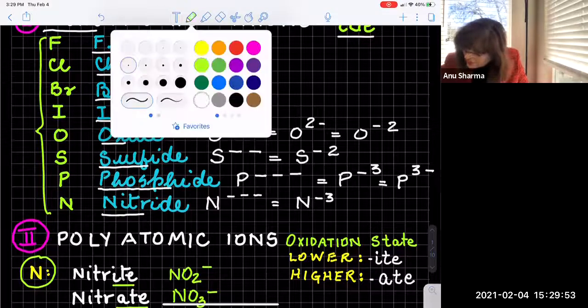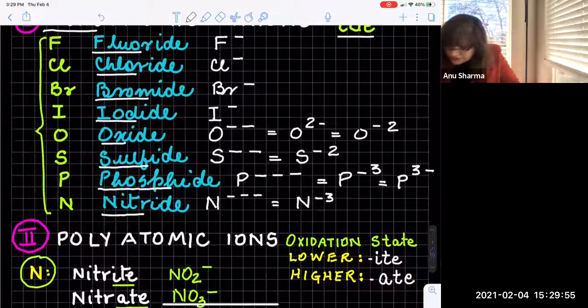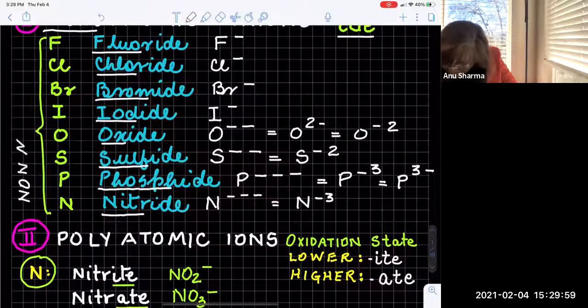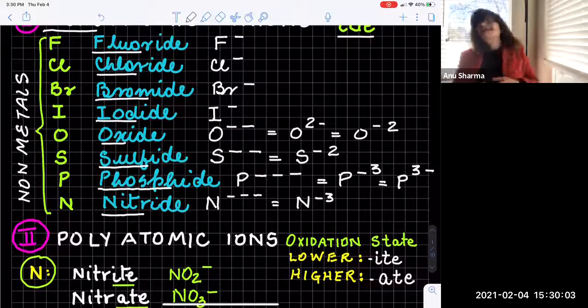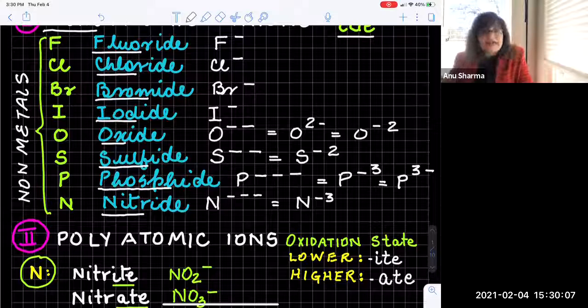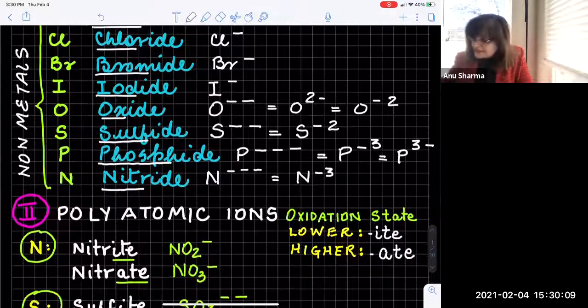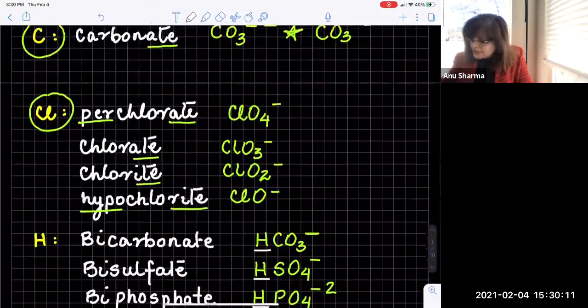Okay, so here we have these non-metals. These non-metals can react with themselves and have these ions, which makes the polyatomic ions.